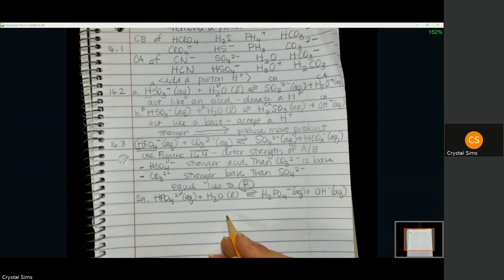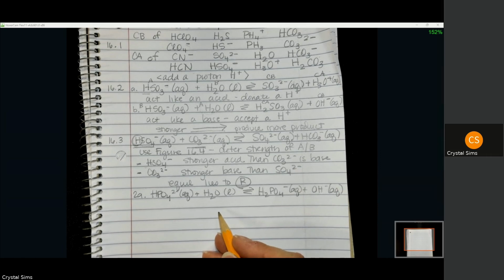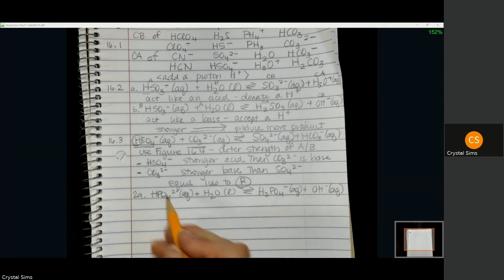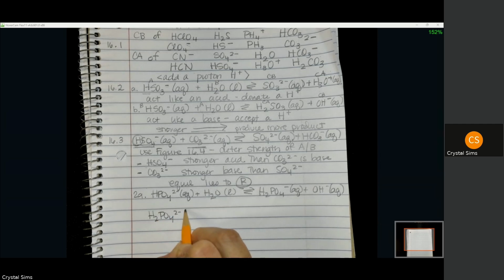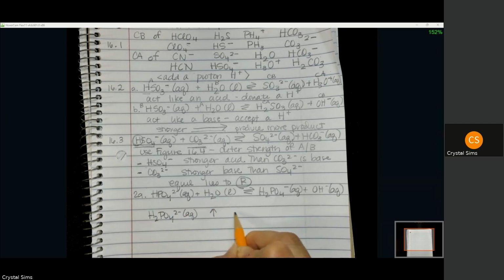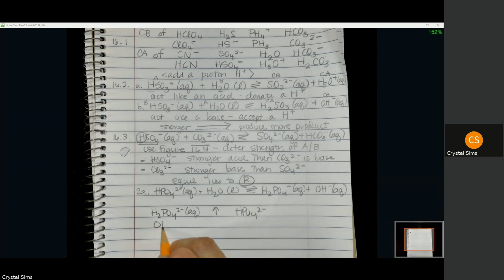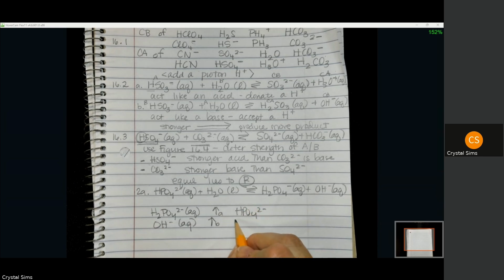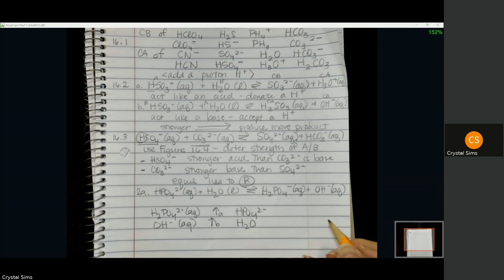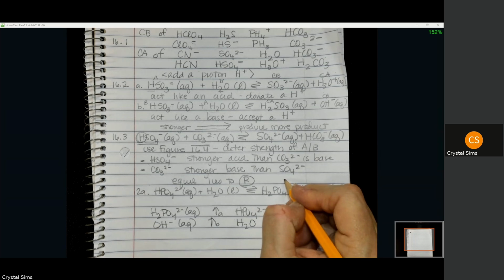Now, when I use figure 16.4, what I find out is that this time my H2PO4 is a stronger acid than the HPO4 2 minus, okay? And OH is a stronger base, so a stronger acid, stronger base, than water. So now my products are stronger.